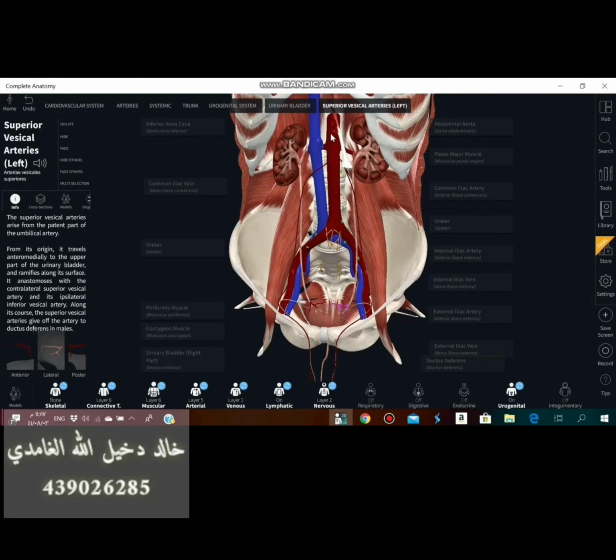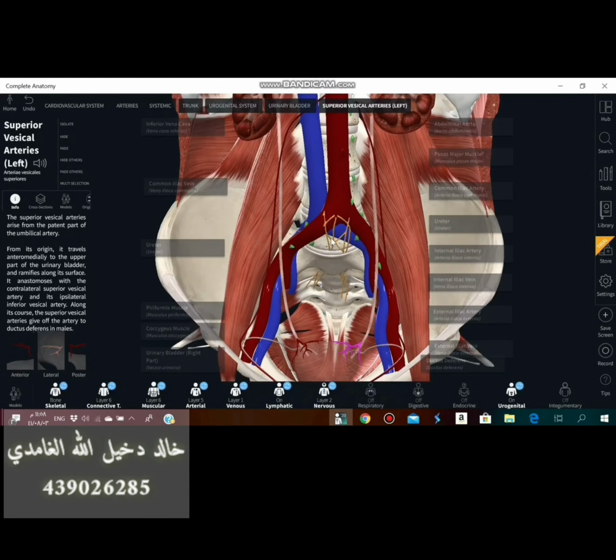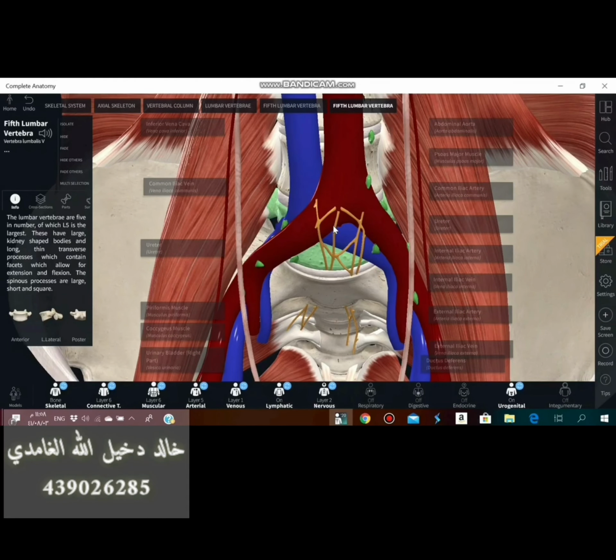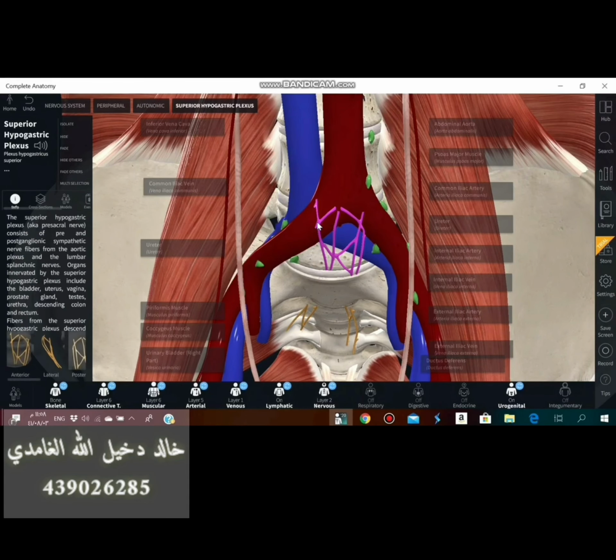The ureters are supplied from the renal nerve, and also the testicular or ovarian nerve, and the hypogastric plexus in the pelvis. This is the hypogastric plexus in yellow: the superior, the right, and the left hypogastric plexus.